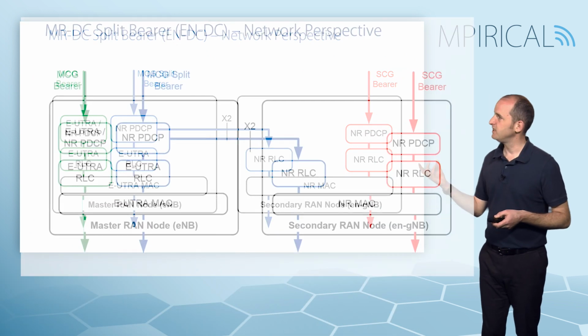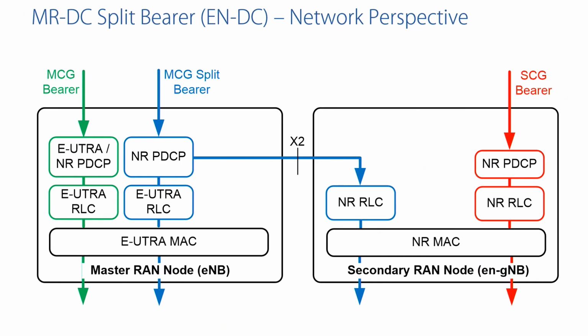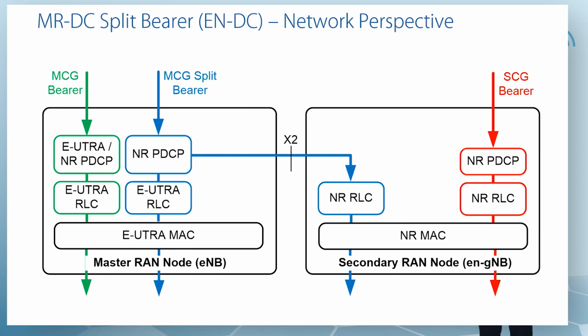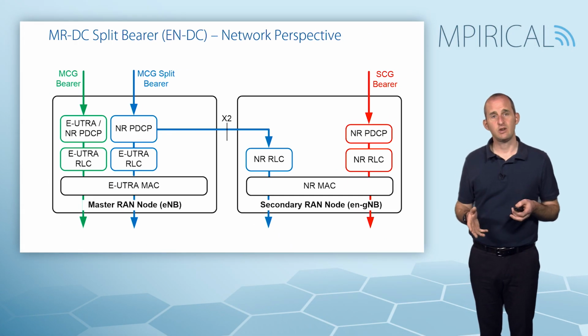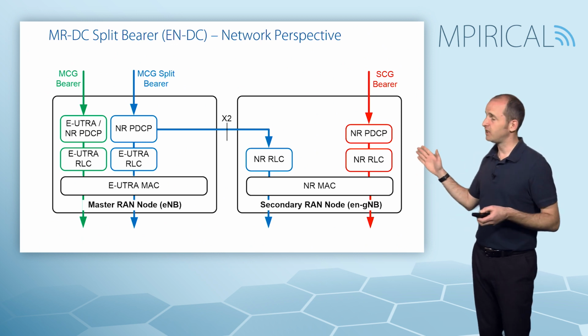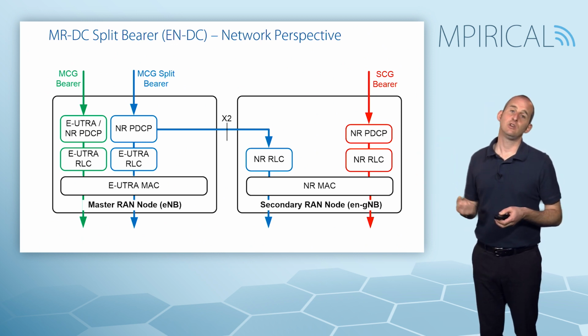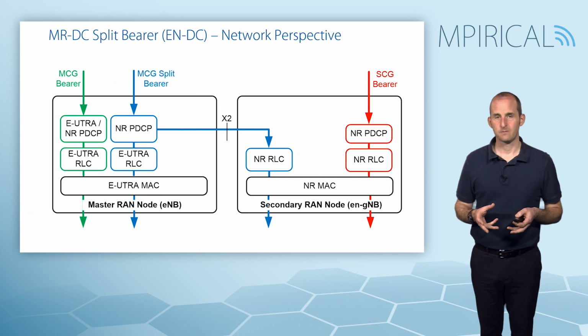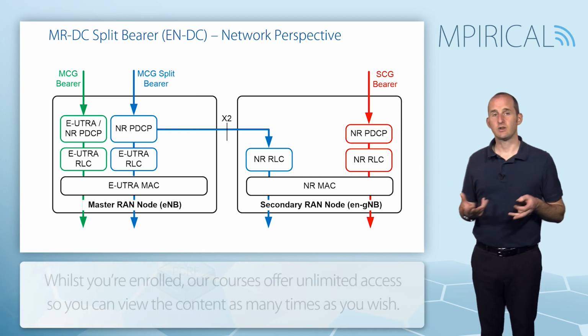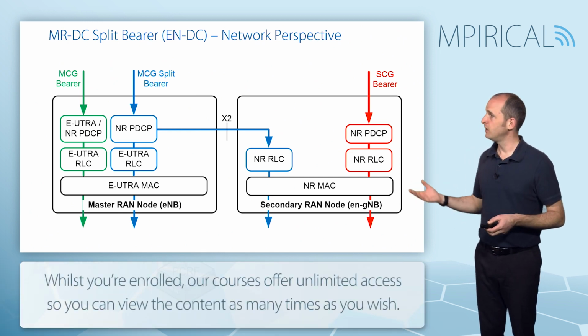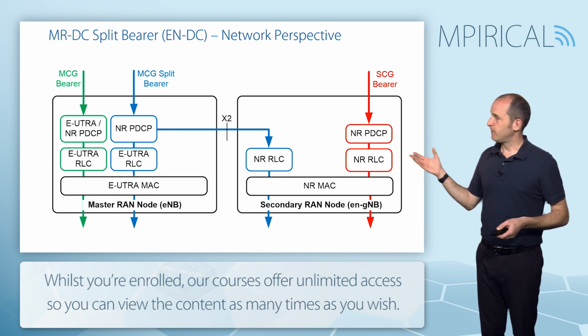So for an MCG split bearer, the traffic comes in to the PDCP layer, and that is where the traffic gets split. Some of the traffic gets sent from the master eNodeB and some is forwarded across X2U to our ENGNB to be transmitted. So that's the MCG split bearer.